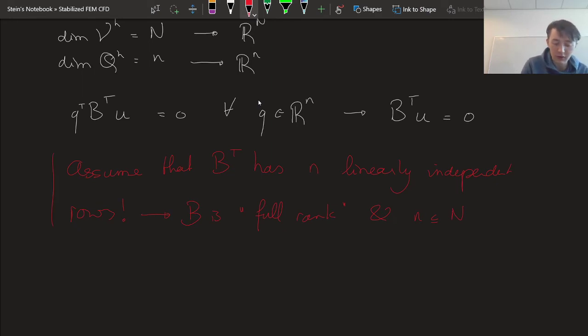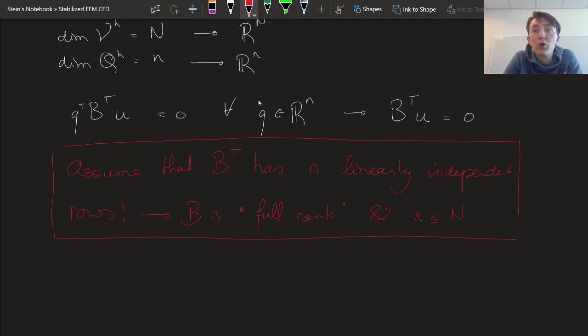So this is going to be the big assumption. So it has n, small n, linearly independent rows, which means that it's full rank and small n is smaller than big N.